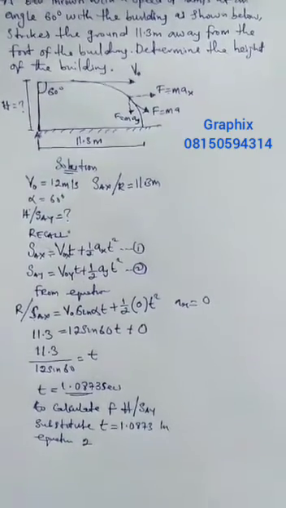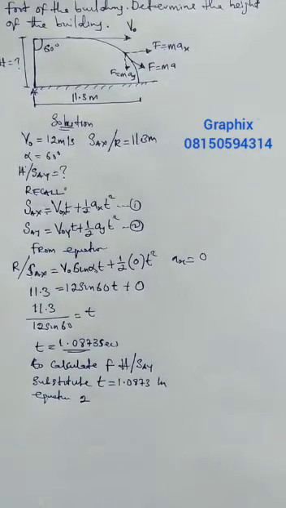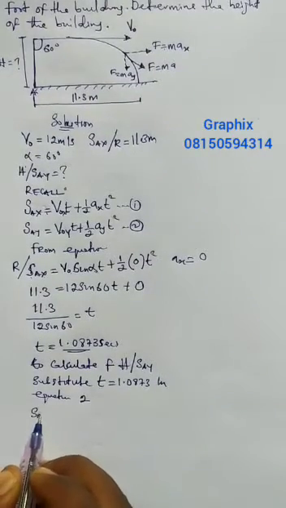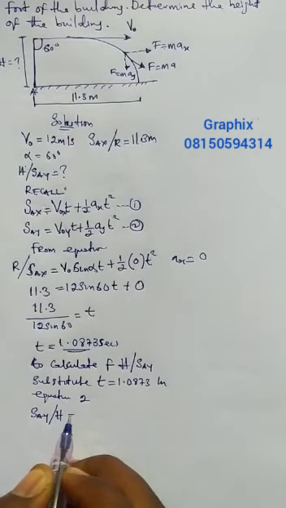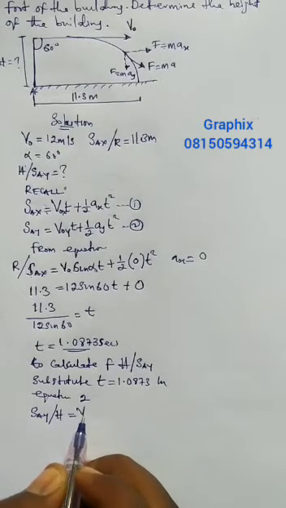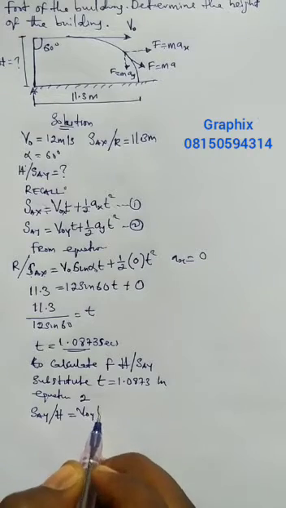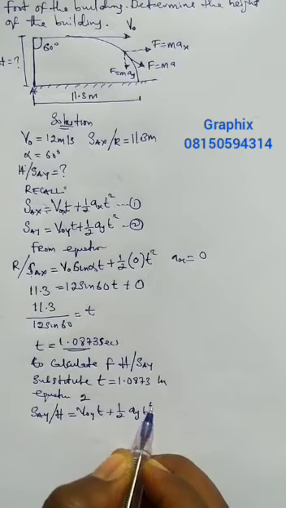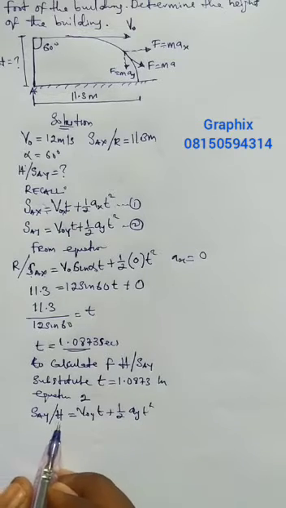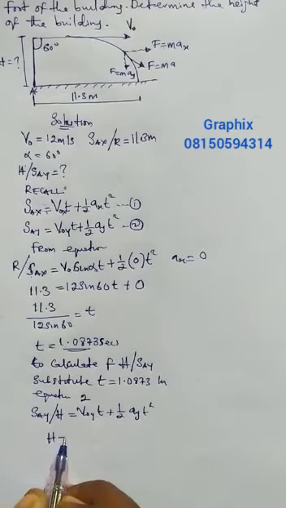So my equation 2 is given as S_AY, or the height, equals V0Y T plus 1/2 AY T squared. So my S_AY we don't know, which is the H.